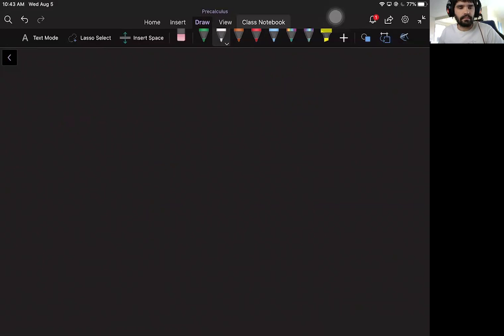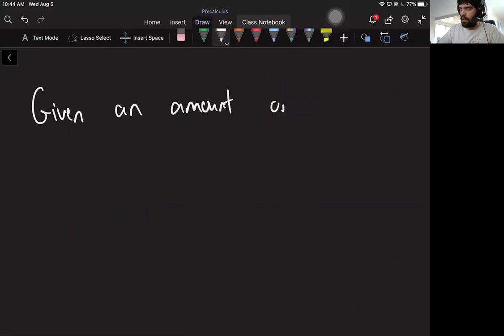All right, so here's where it shows up for our word problems. Given an amount of stuff, so what is stuff? It could be population of people, an amount of bacteria, an amount of radioactive stuff.